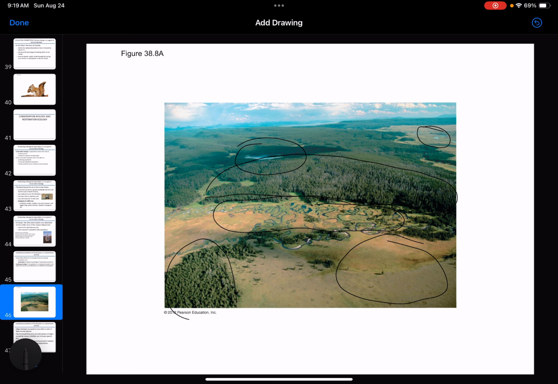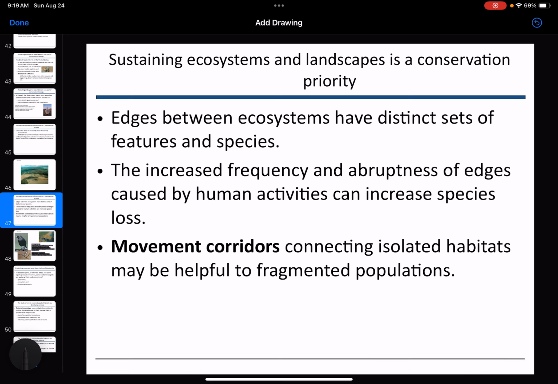So this landscape already includes a variety of ecosystems, and animals would be able to travel across all over, right? Now imagine we come in and we start urbanizing this area, cutting down forests, redirecting the flow of water to make it more useful land for our own human needs. Well, you can see how that's going to interrupt the flow of animals through those landscapes.